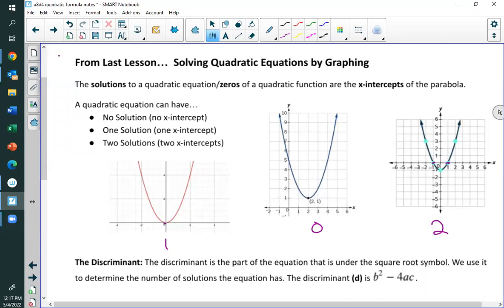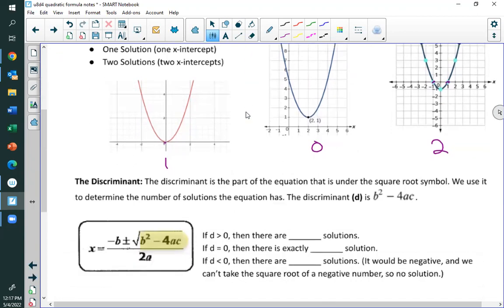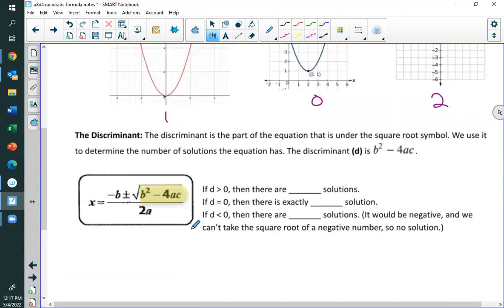So we are going to be able to tell how many solutions any problem will give us. We're going to use the discriminant. The discriminant is part of that whole quadratic equation. b squared minus 4ac, just that part is called the discriminant. It's not discriminate, it's a different word.